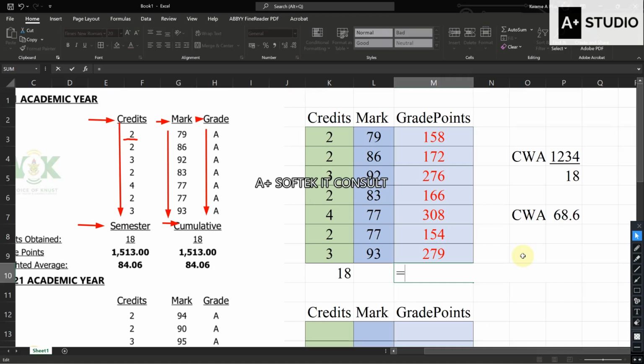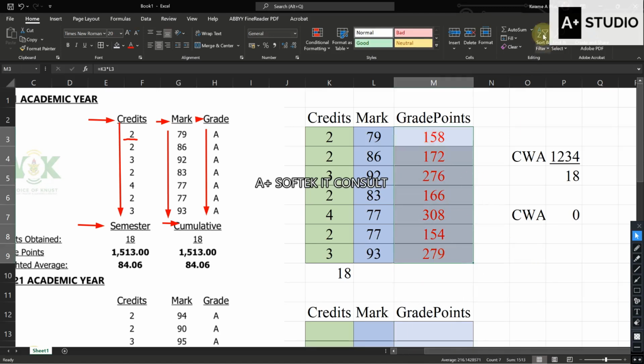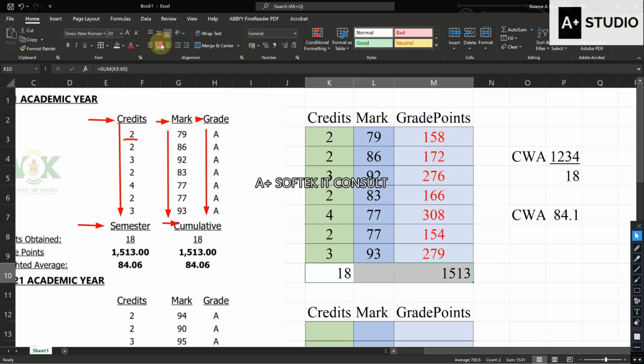That was why. So this should be this, and I should use the auto sum. Yes, so this one wasn't added. That is why we were having those values.